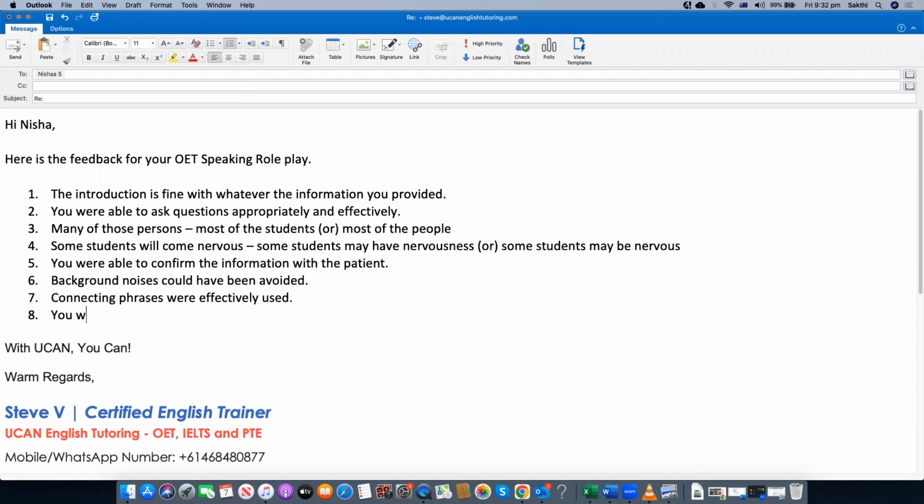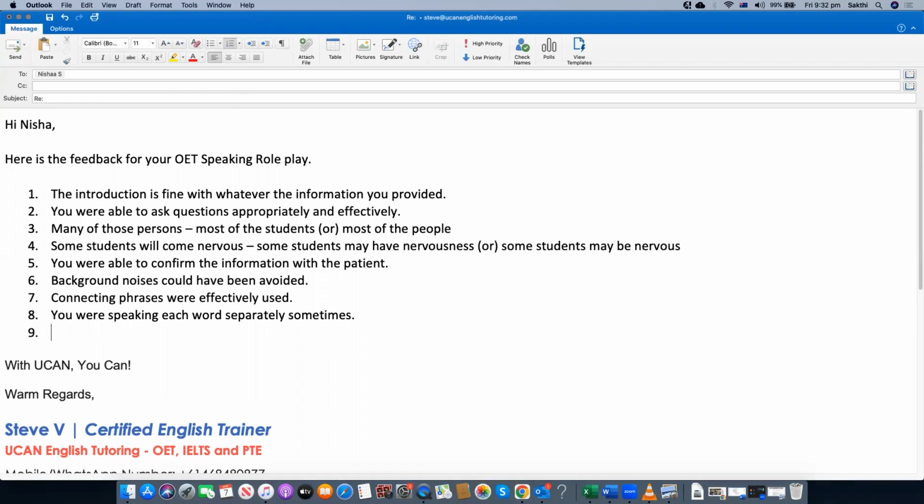Because you were speaking each word separately sometimes. So you need to work on this. You have to speak one sentence together as a single word. For example, you have to say that will be helpful for you to improve your condition, instead of splitting these words like that. It's better to say the whole sentence together in one go.